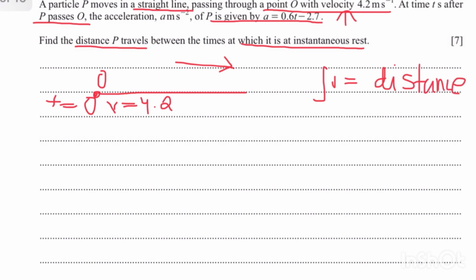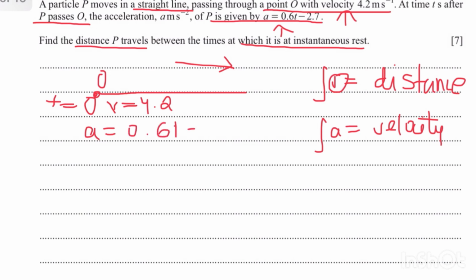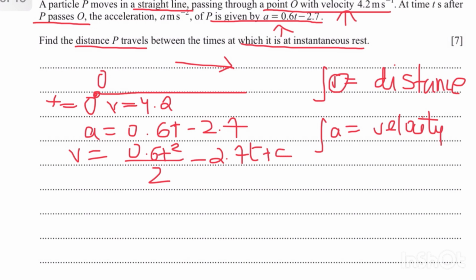But we are given the acceleration. So that means that we need to find out the velocity, and we can do that by integrating acceleration. So a is equal to 0.6 t minus 2.7, making velocity equal to 0.6 t squared divided by 2 minus 2.7 t plus c.